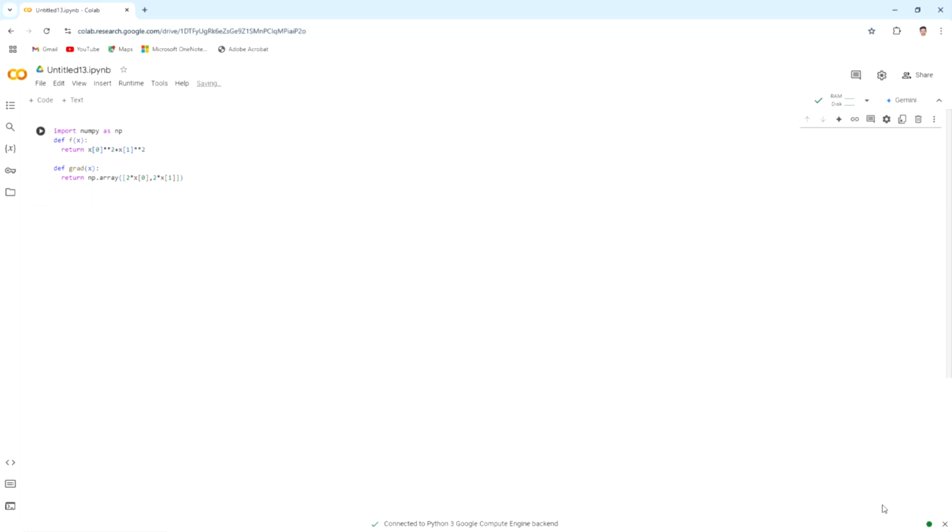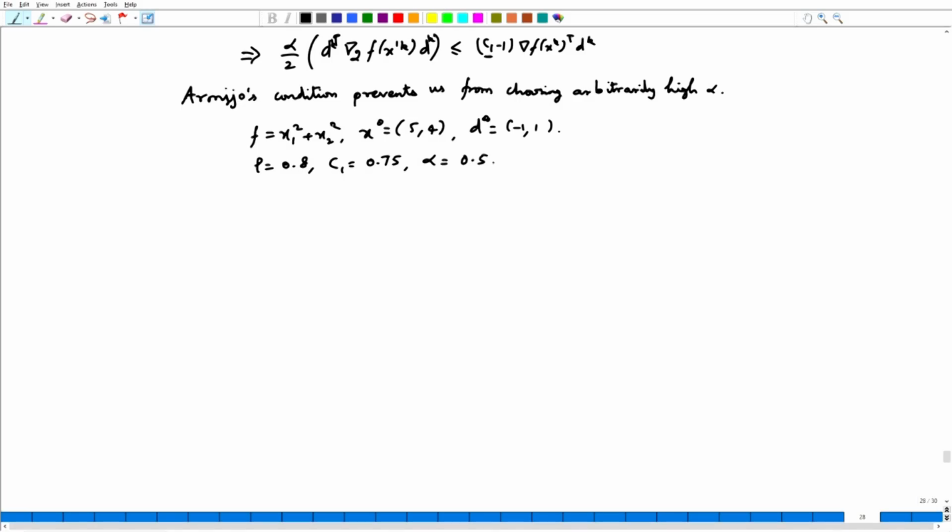Note that we have to define x, which is another array, 5 comma 4, the initial value, and d is another array, which is minus 1 comma 1, and I need to define the values of alpha, rho and C1. So, alpha was 0.5, rho was 0.8 and C1 is 0.75. So, recall these values: rho is 0.8, C1 is 0.75 and alpha is 0.5.